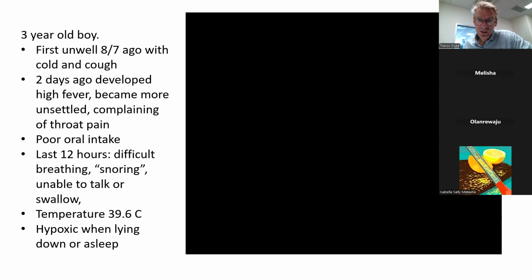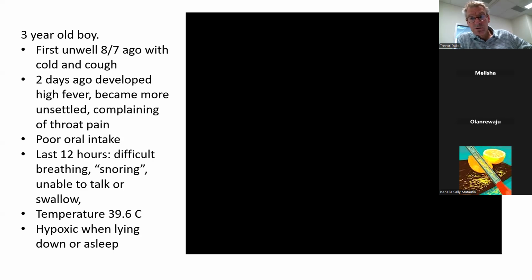Right. The first case was a 3-year-old boy, and he had become unwell for the first time about 8 days before, with just a cough and a cold, the typical symptoms of an upper respiratory tract infection. And then 2 days before he presented, he developed a very high fever, and he was much more unsettled, and he was complaining of severe pain in his throat. In fact, he couldn't eat very much.